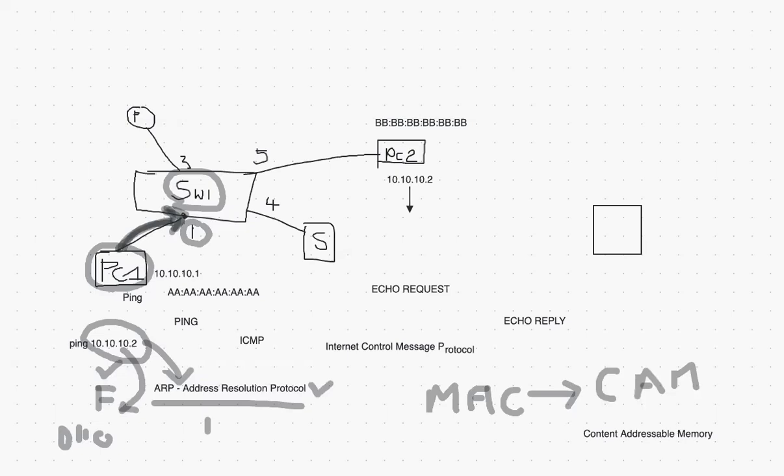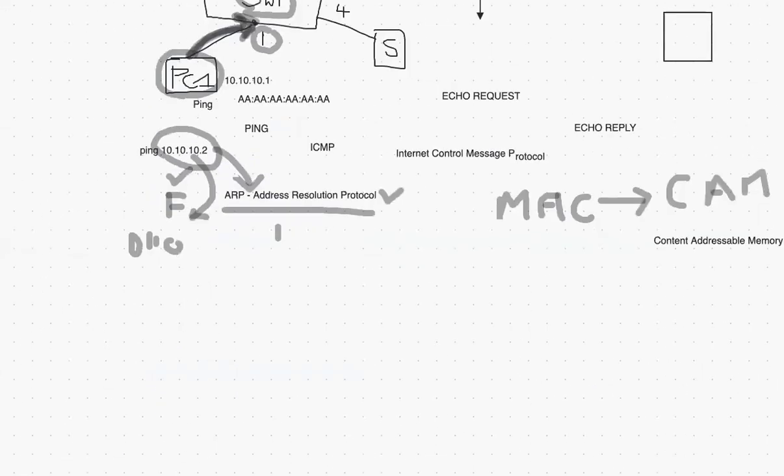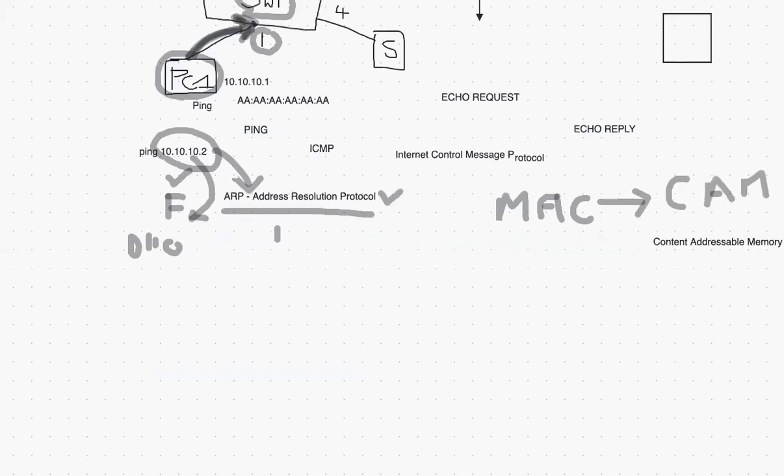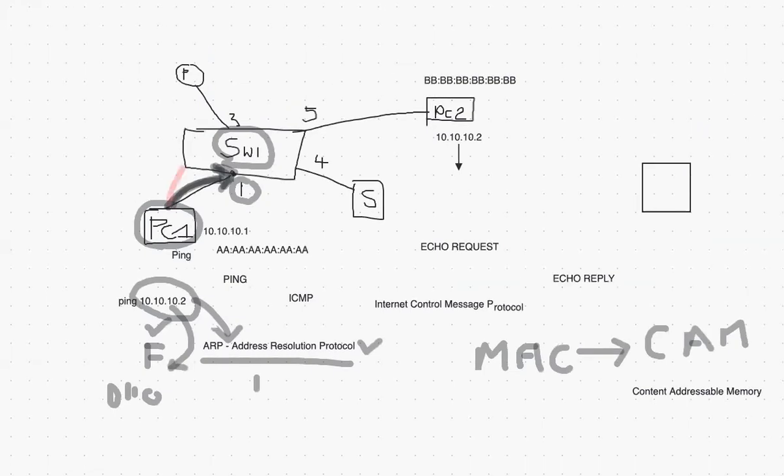So what does the switch do now? Switch does not know the destination MAC address because PC1, when sending it out, sent it as a broadcast packet. Because PC1 does not know what 10.10.10.2 is, it will send that as a broadcast message.